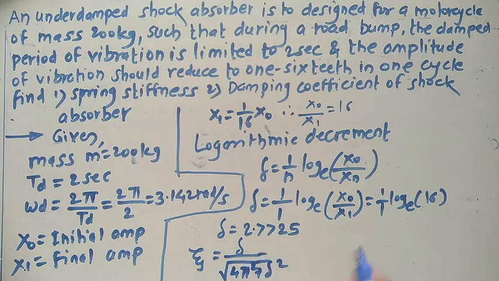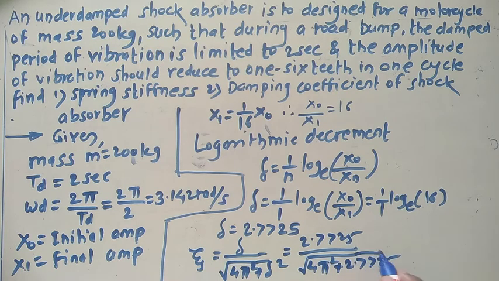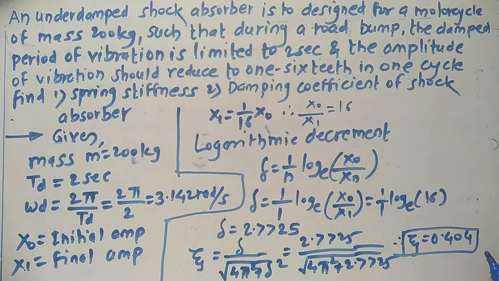In this way the relation with us, already we have seen this relation during the discussion of significance of logarithmic decrement. Just substitute here the value for delta and simplify this to get the value for zeta. So the value for zeta after calculations we get 0.4004. Okay, in this way.